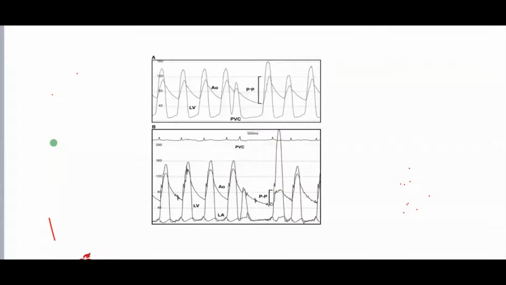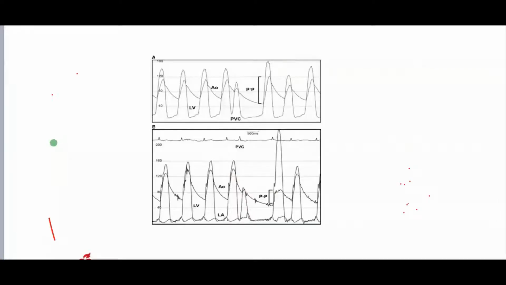In the Hookham, the pressure in the aorta is decreased and the pressure in the LV is increased. Thank you so much. That's exactly what it is.